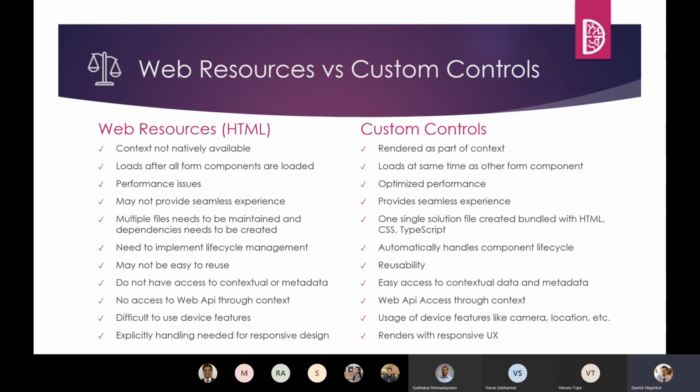Model-driven apps are responsive, so you can have one app created, it loads on the phone, and it looks good. But if you're using any web resources, those don't work on the phone, so it's of no use, right? But custom controls render on the phone as well. That's the advantage.